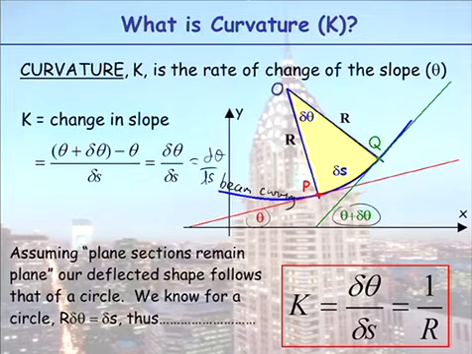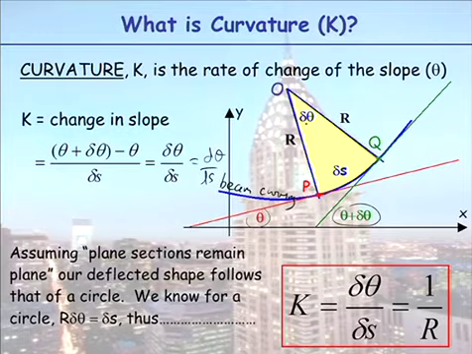Now, assuming plane sections remain plane, which was the last simplifying assumption of simple beam theory, our deflected shape follows that of a circle. If you look at this yellow segment, that's part of a circle.